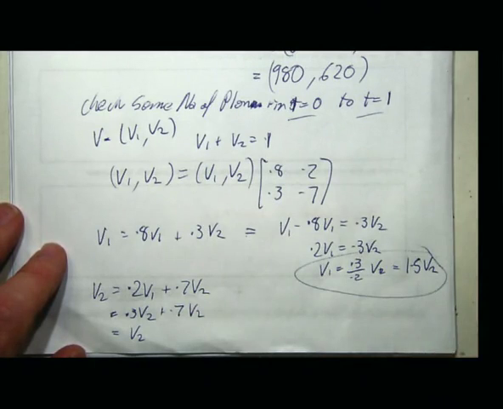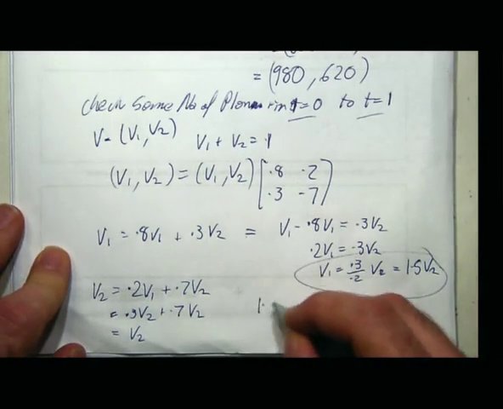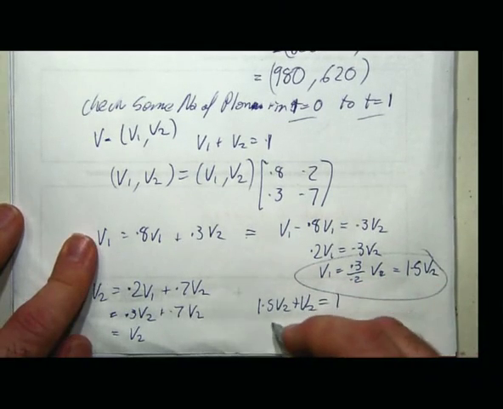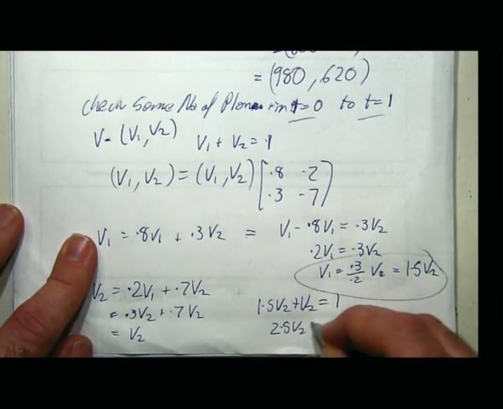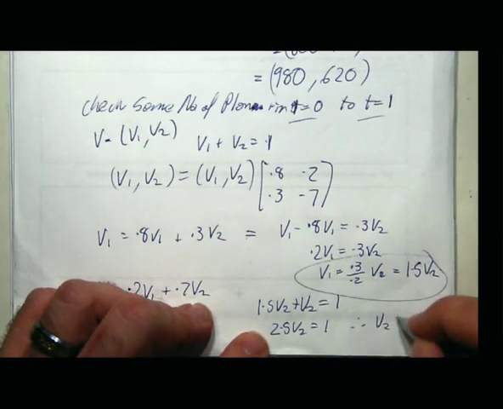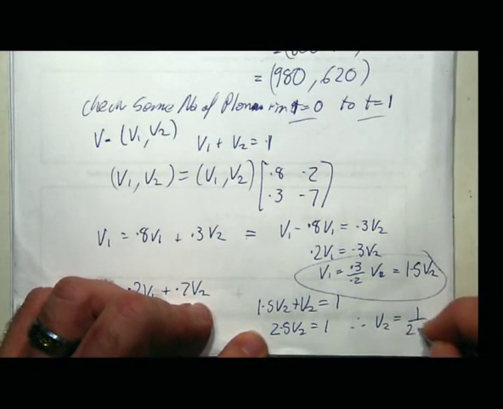And so because V1 is equal to 1.5 V2, I go 1.5 V2 plus V2 is going to be equal to 1. So this is 2.5 V2 is going to be equal to 1. So therefore, V2 is going to be equal to 1 divided by 2.5.